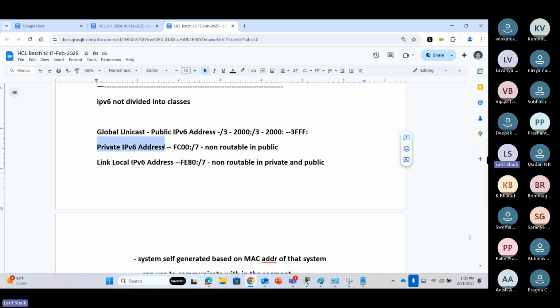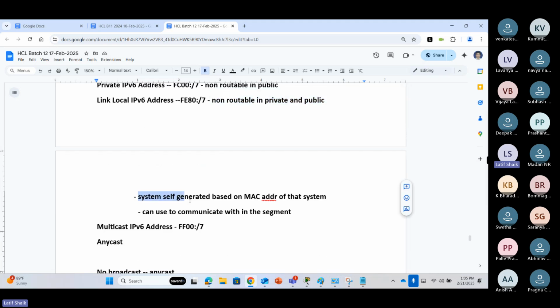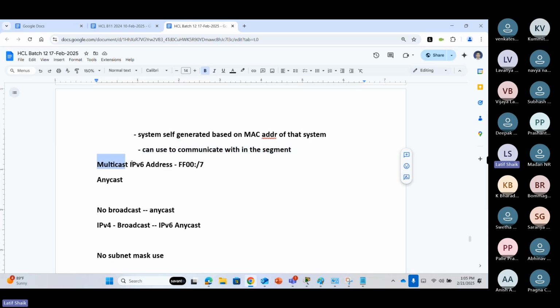Private IP means not routable in public, but we can use it in private. Link local IPv6 address is FE80. When we use FE80, it is non-routable in private as well as public. It is a system self-generated IP address based on the MAC address. You can communicate within the segment. Multicasting IP address is for multicasting purpose.